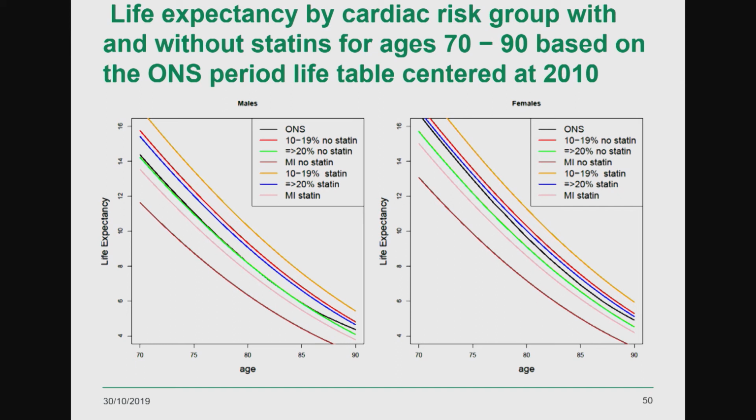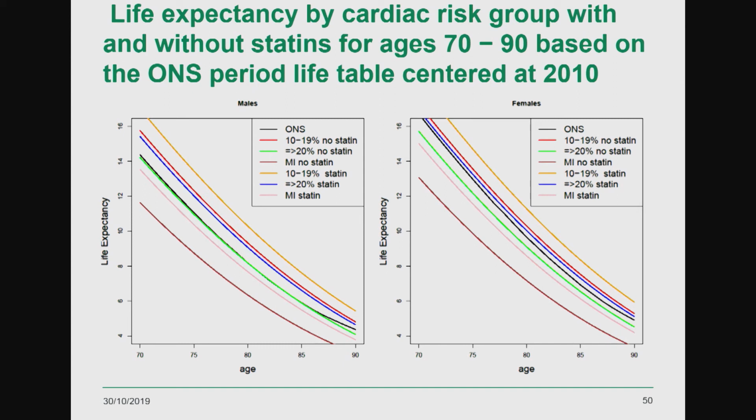But if you look at the top line, this is, sorry, which one is which? Sorry, let's start from the bottom line. The bottom line, the worst life expectancy, is for people who have had MI and have no statin.